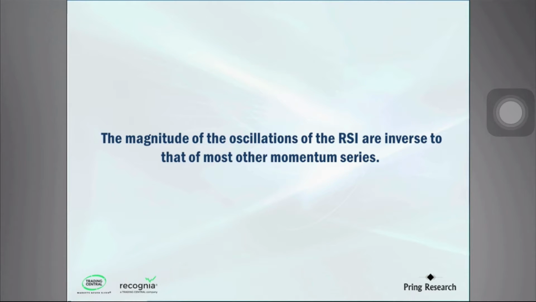We should remember that longer time spans in the RSI calculation result in shallower swings and vice versa. Consequently, the 70-30 combination is inappropriate when the time span differs appreciably in either direction from the standard 14 period.